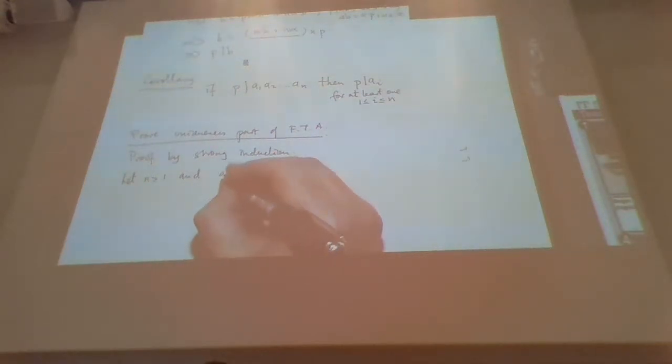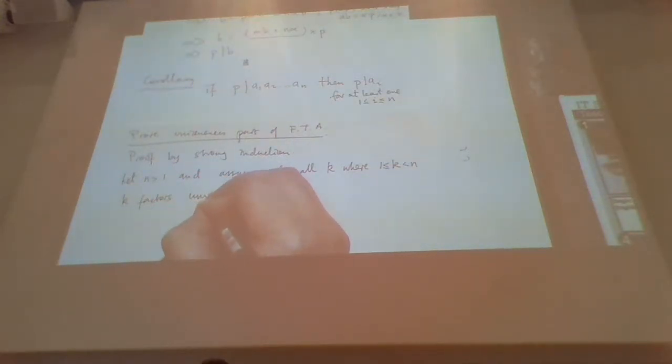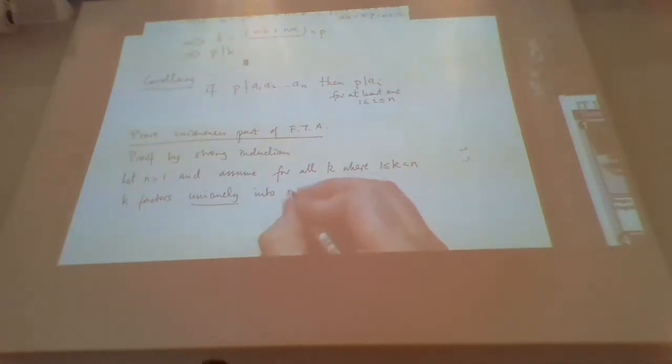So we let n be a number strictly bigger than 1 and assume for all k where k is strictly less than n, k factors uniquely into a product of prime numbers. So we assume the result we're trying to prove is true for every number strictly less than n.